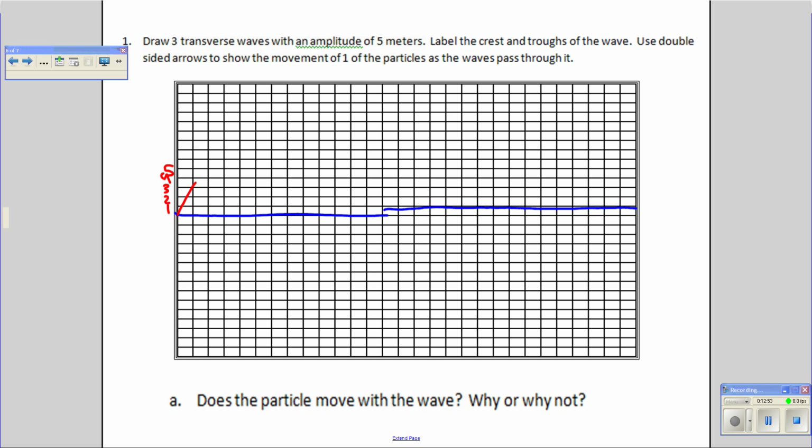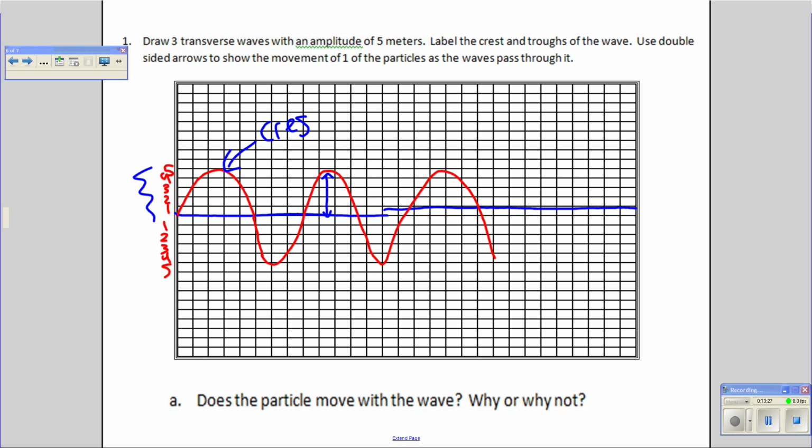So my wave goes up 5, comes back down, 1, 2, 3, 4, 5. And up to 5 and down, and up and down, etc. Okay, so I'm showing an amplitude of 5. Okay, and I showed that over here. That's my displacement.